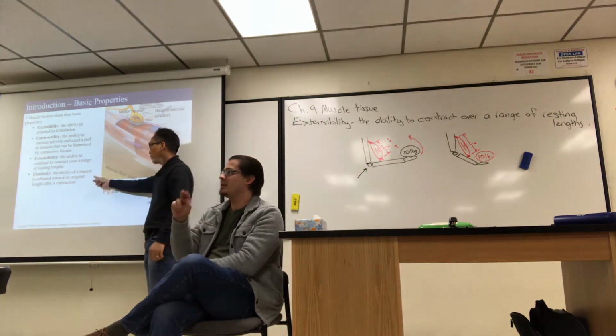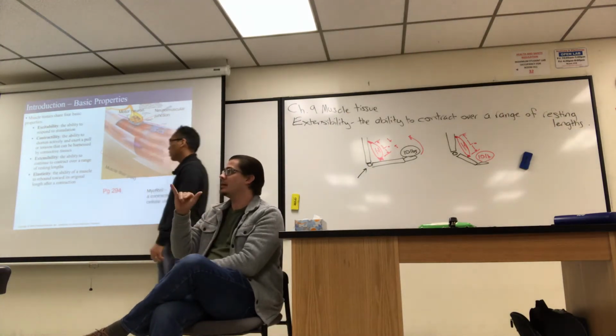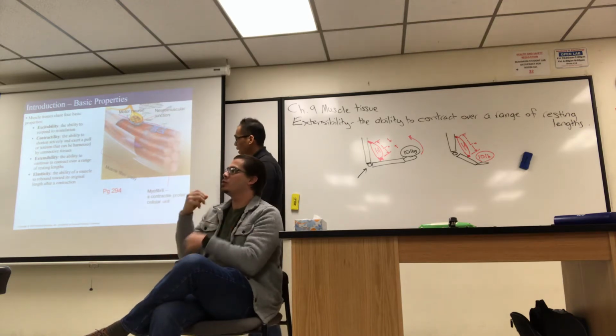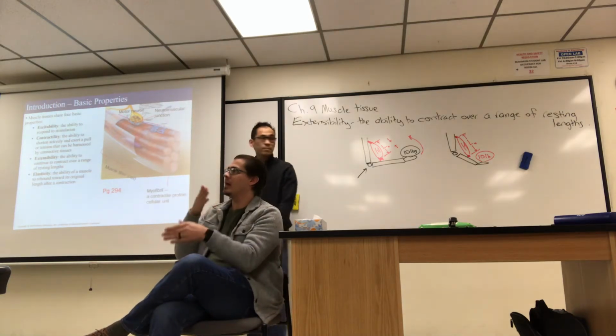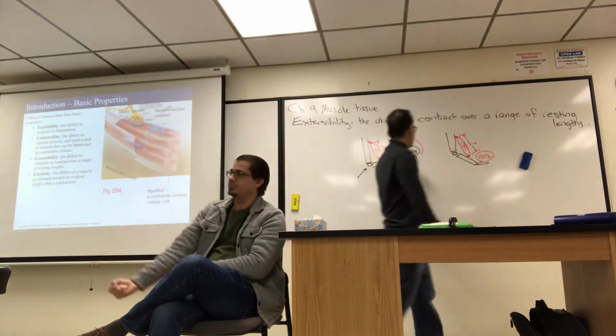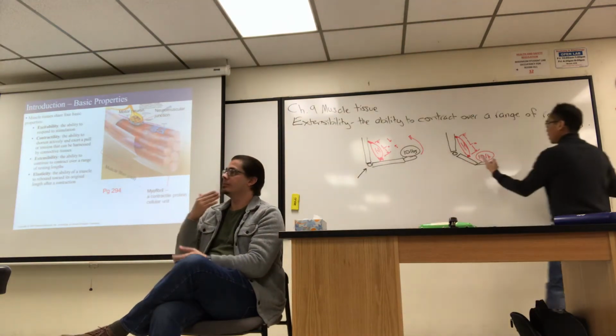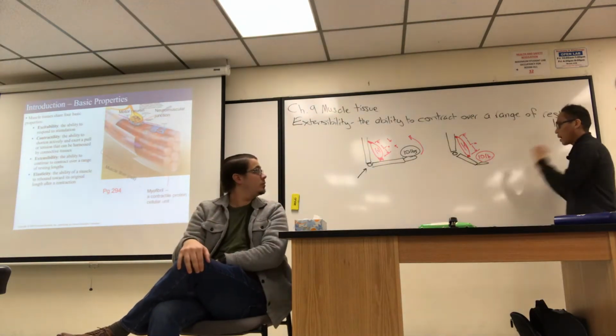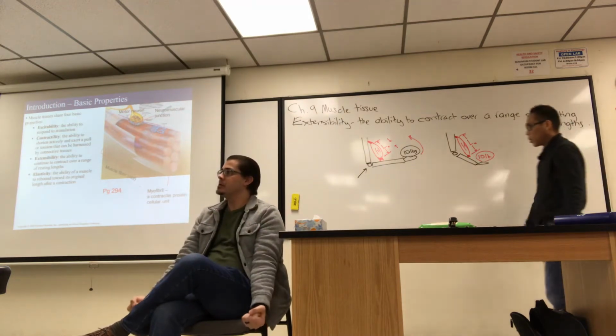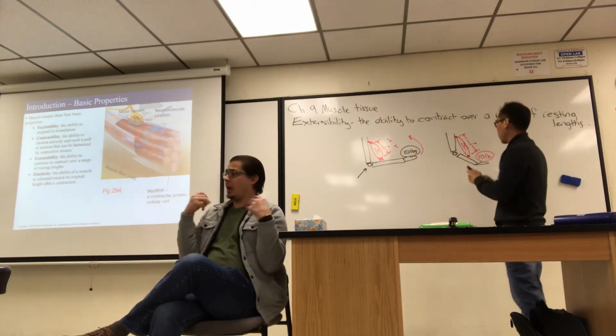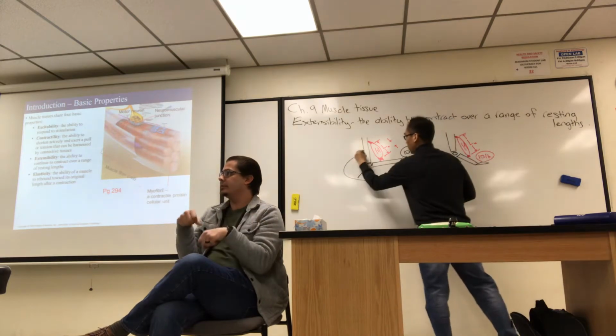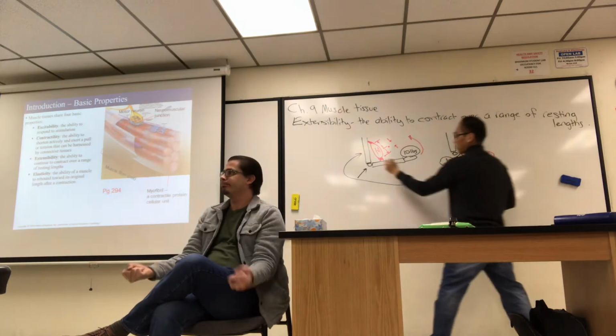Right, elasticity, the ability of a muscle to rebound toward its original length after a contraction. Okay. So this is a good example. You stretch the muscle out. So you do a rep, and you can just go back to your original resting length. Call this step 1. Call this step 2.